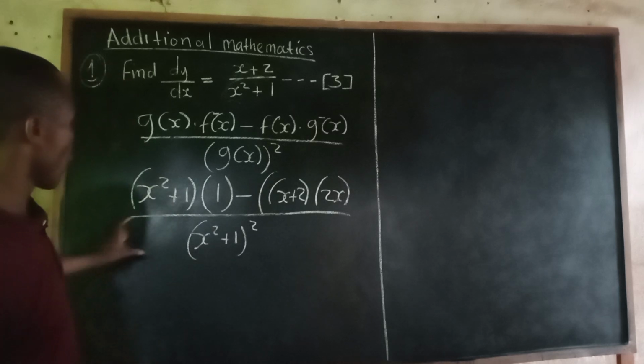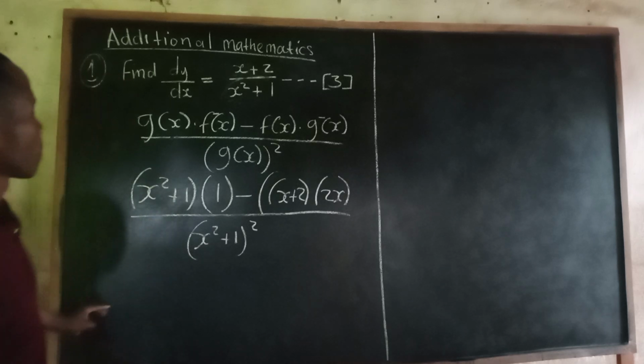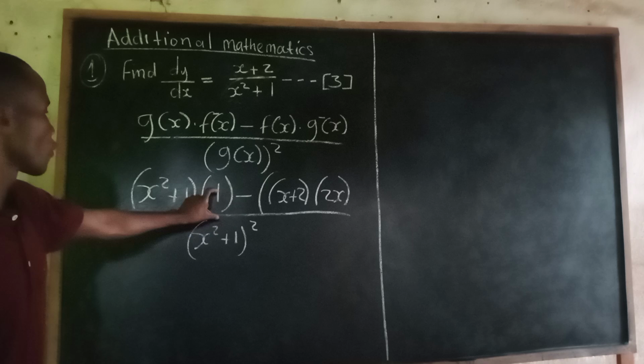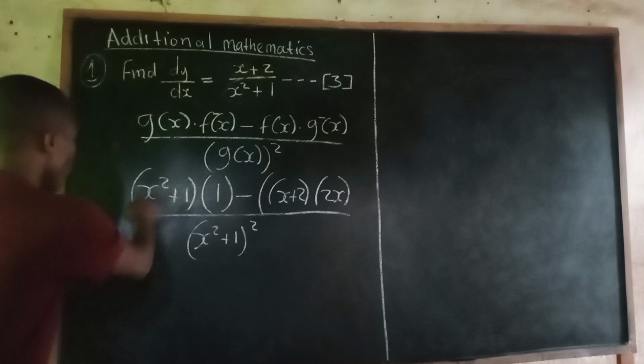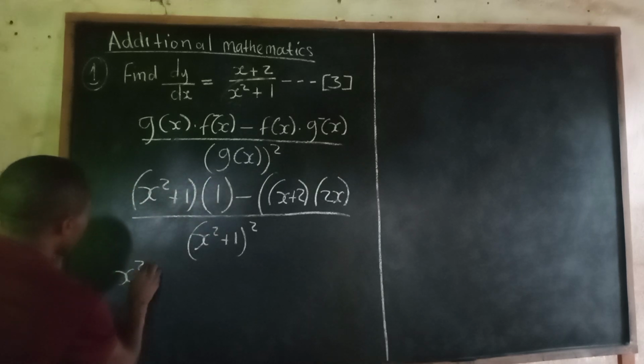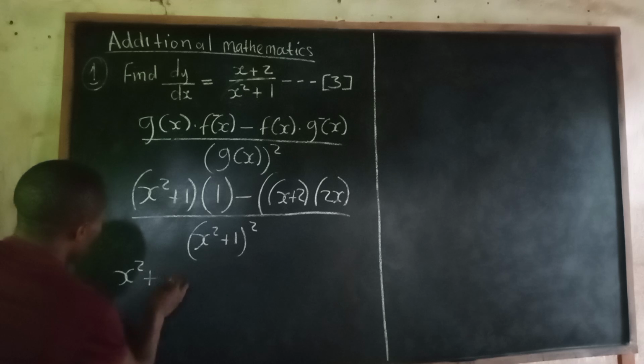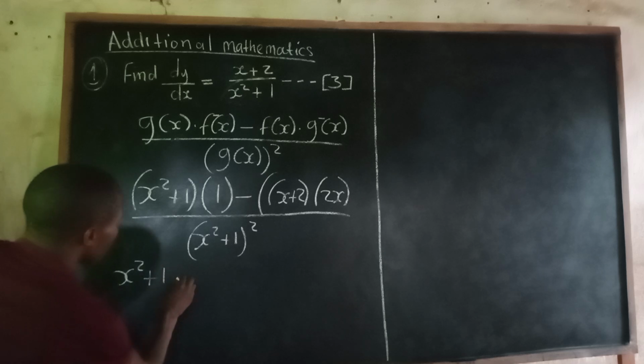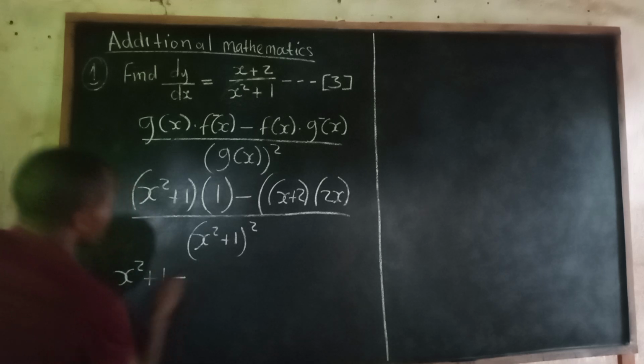From there, we can simplify further by multiplying. When we multiply 1 times everything there, we still get the same thing, because any number multiplied by 1 is that number itself.